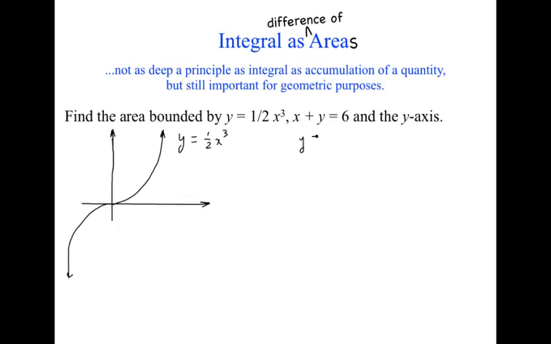Y equals 6 minus x, and we all should be able to sketch that, no problem. It's just y-intercept is 6. Yep. Decreasing line. Decreasing at what rate? Negative 1. So where does it cross the x-axis? Also 6.